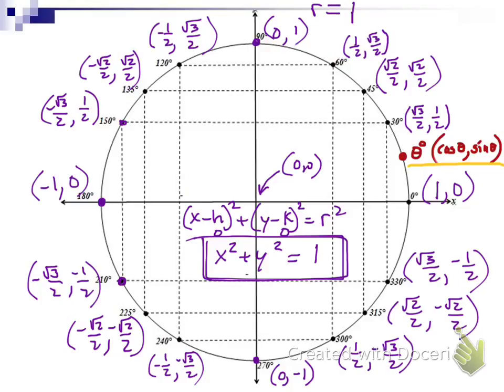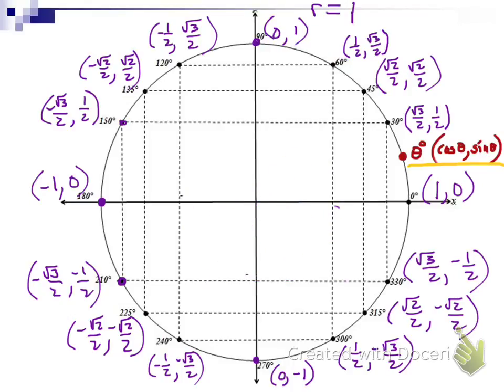Because if we take any point on the unit circle, the rectangular coordinates of this point right here, x, y.